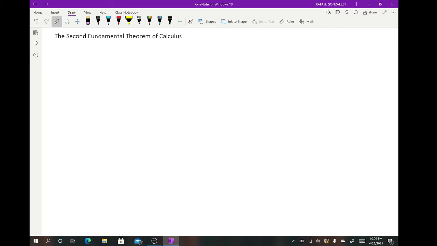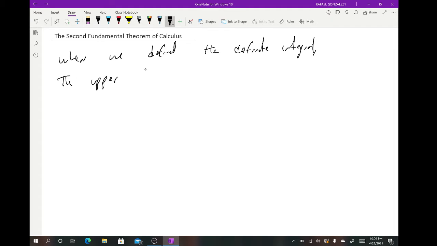All right, so we now have seen how the definite integral can be used to find area. Well, when we defined the definite integral, the upper limit of integration was given as a constant.